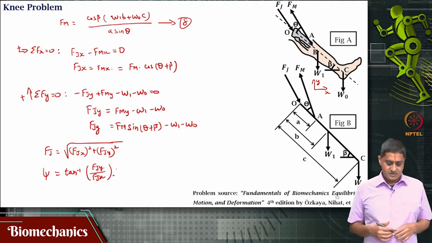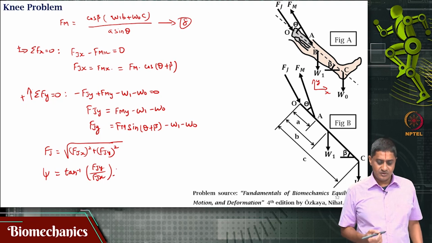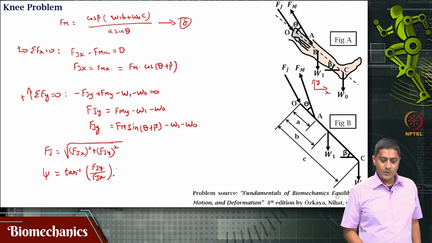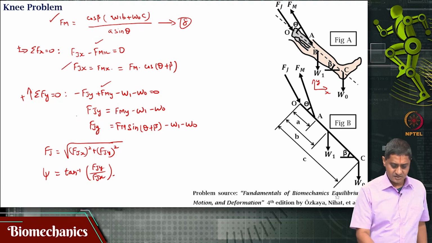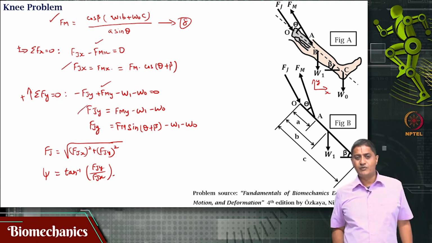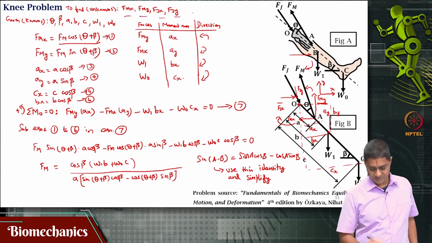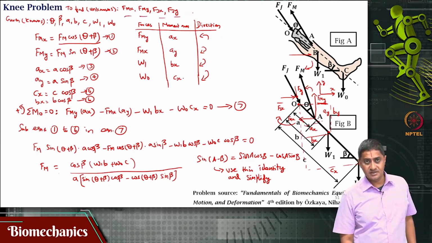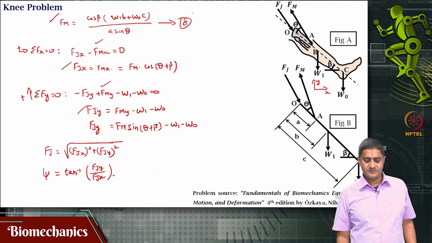This is the joint reaction force and the direction at which this is acting. So, we were required to find the components of Fm, Fmx, Fmy, Fjx and Fjy. We have found all the things that we wanted to find.